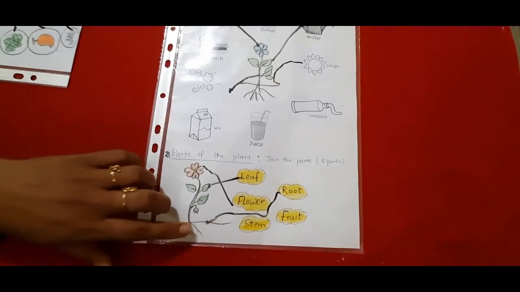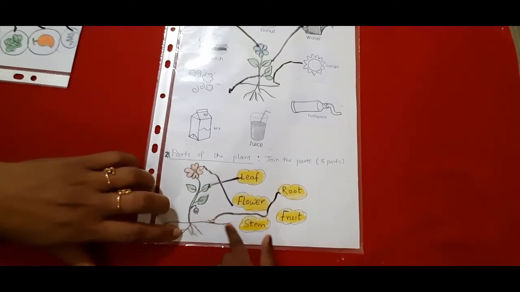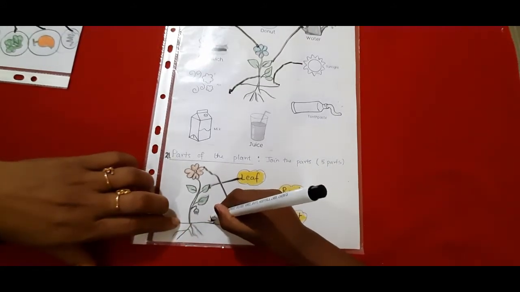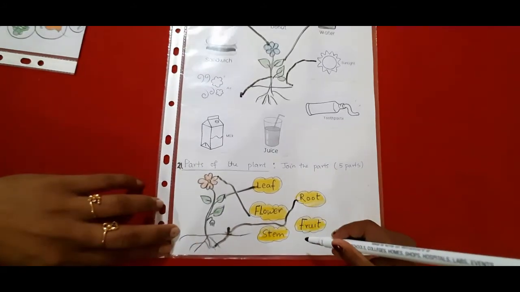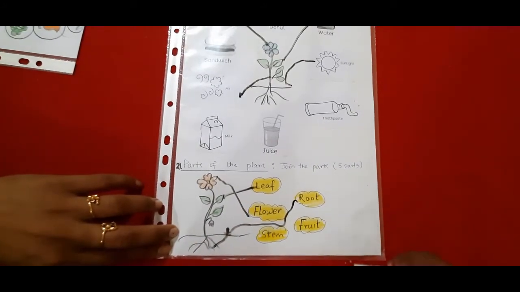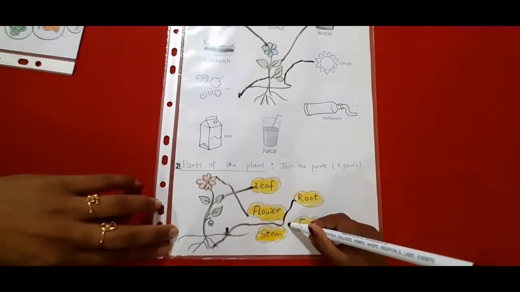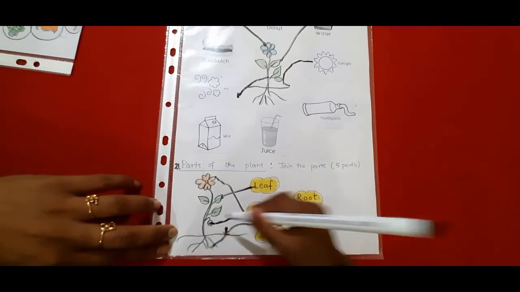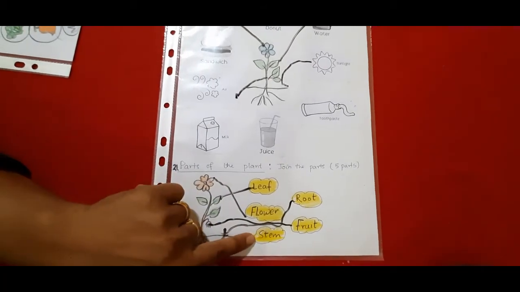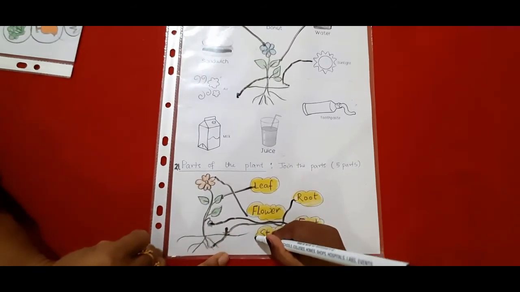This is roots, not this one. Next. What is that? Fruit. The last one. What is this? Stem.